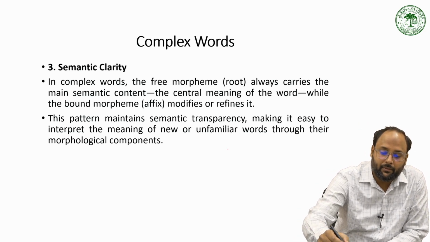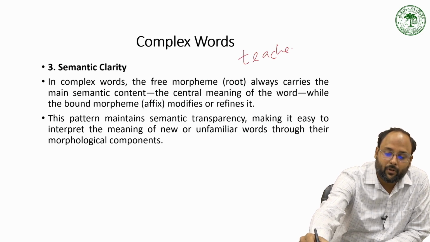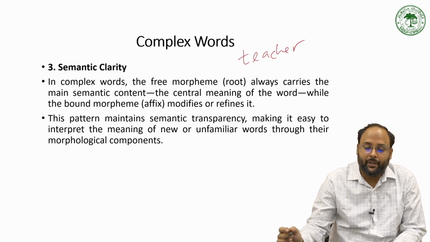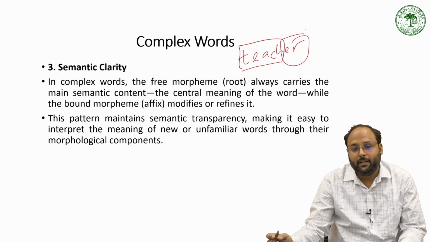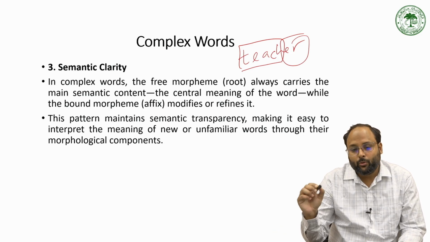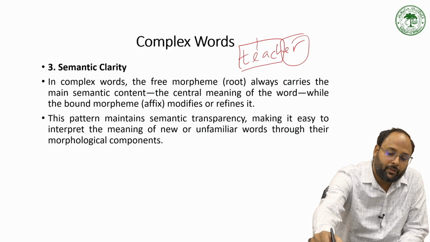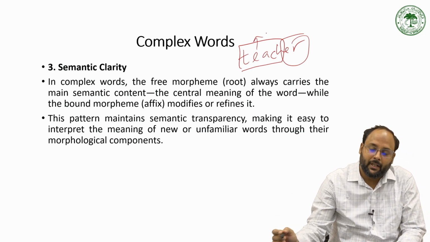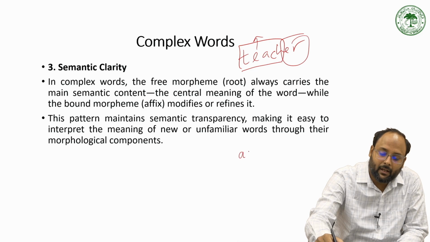For example, the word teacher: teach is the main morpheme and er is the suffix, or we can say the bound morpheme. So the main meaning in this word comes from the free morpheme teach. Or we have the example from Urdu Hindi like akalmand.